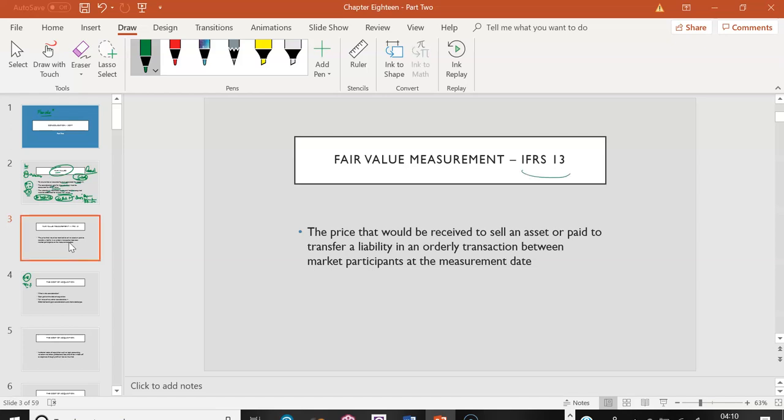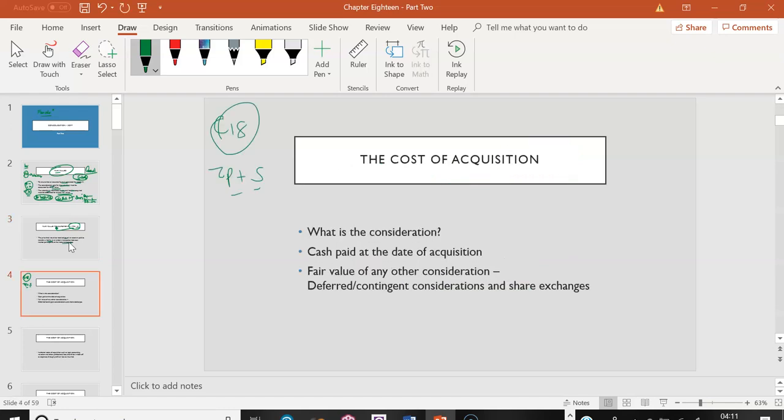And IFRS 13, forgive me, not 10, there are so many of them, guides us on the fair value measurement, the price that would be received to sell an asset or paid to transfer a liability at a measurement date, that defines it. And again, we discussed this in the earlier videos when we looked at consideration. Remember, the real format for working three is what is the consideration by the parent?